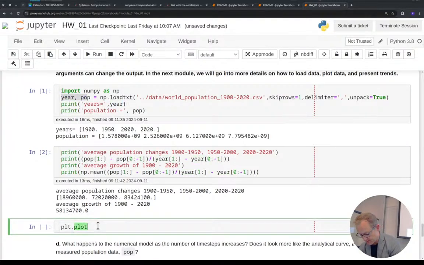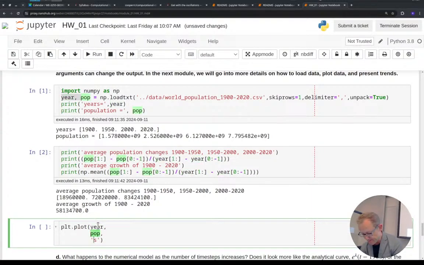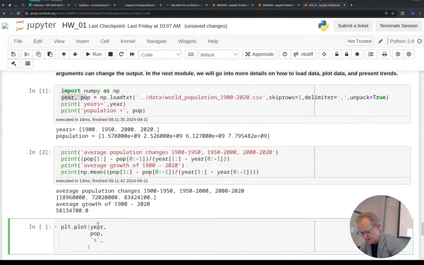So plot year, pop, and let's put that as squares. And you know what? Let's give it a label since we're getting so advanced with our plotting and numerical methods.